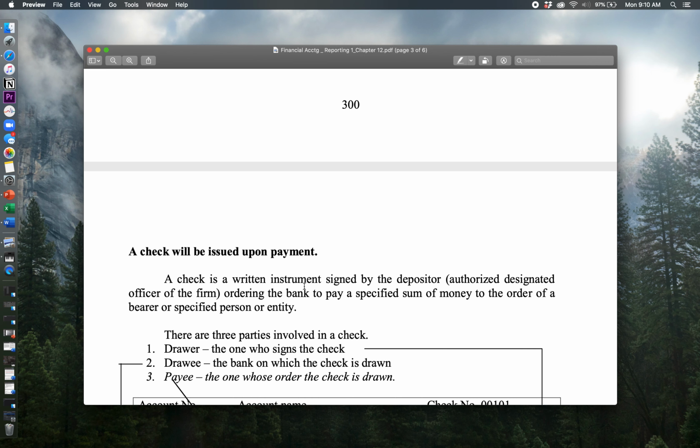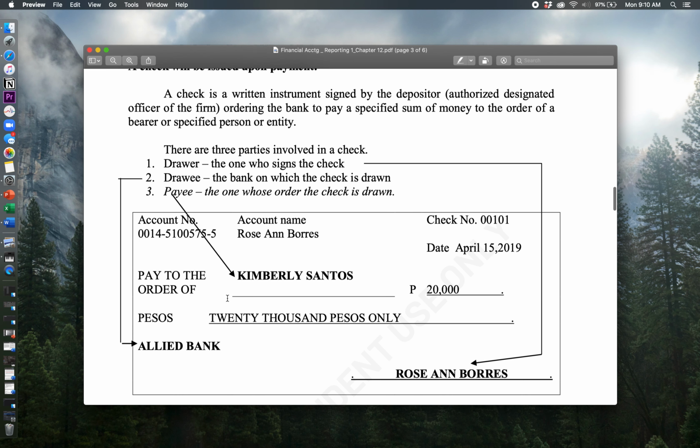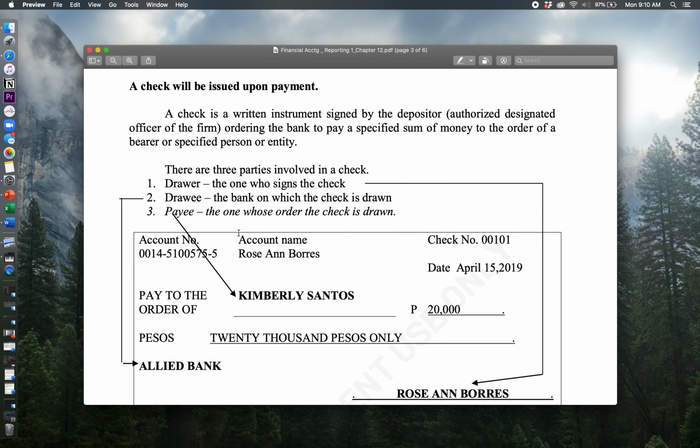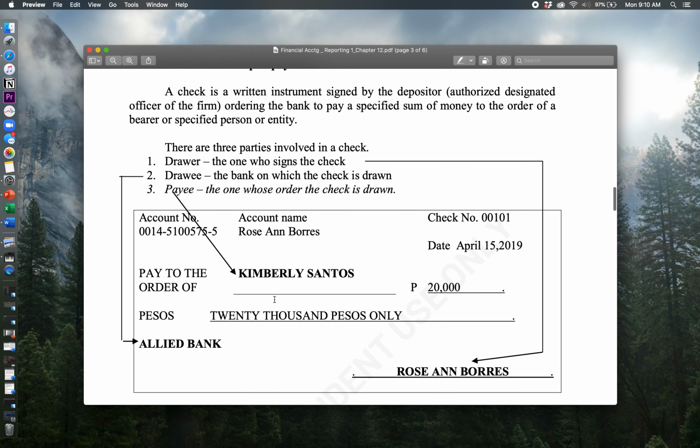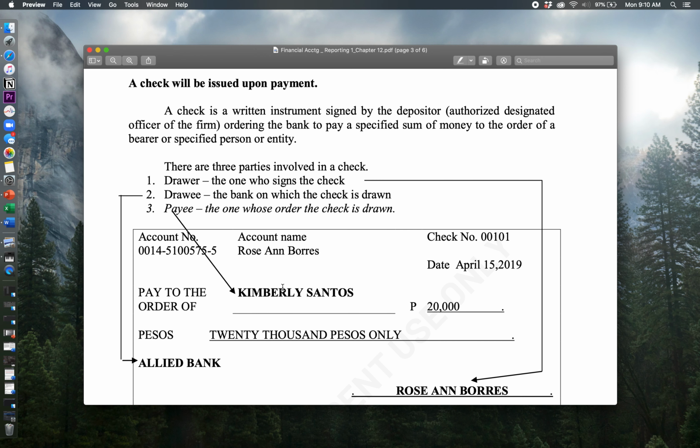This is how a check looks, as I showed you before, signed by an authorized designated officer of the firm. You also have to memorize the parties in a check: the drawer, drawee, and payee.